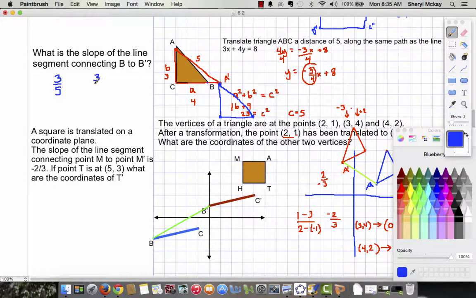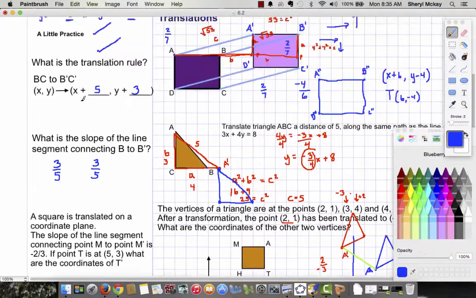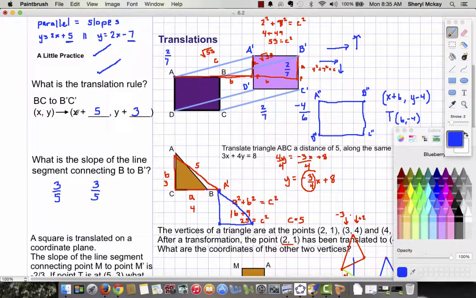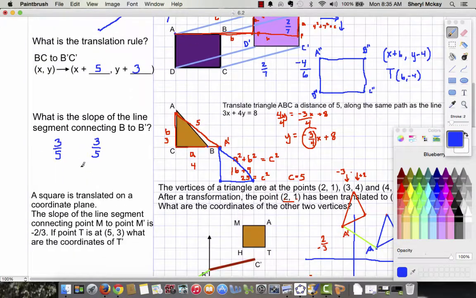You should know that it's the exact same slope, 3/5, right? The tricky part about when we talk about slope is that we have to make sure that we are always doing rise over run, right? And so when we're writing our translation rule, we write it as a coordinate point, x plus however much we're going over, y plus however much we're going up. But when we talk about the slope of the line segment, we write it as rise over run, okay?